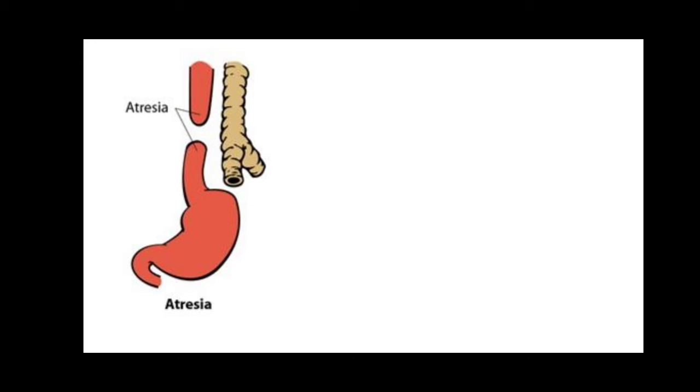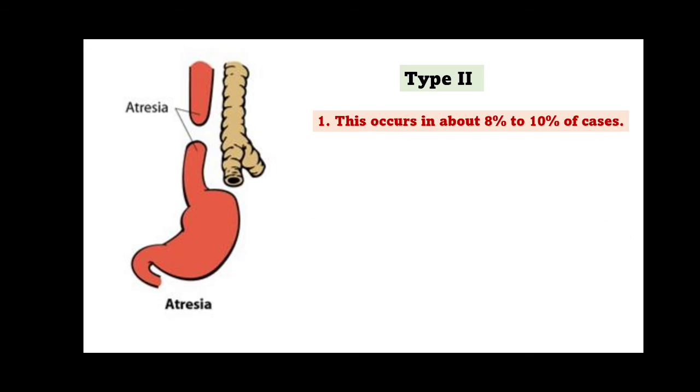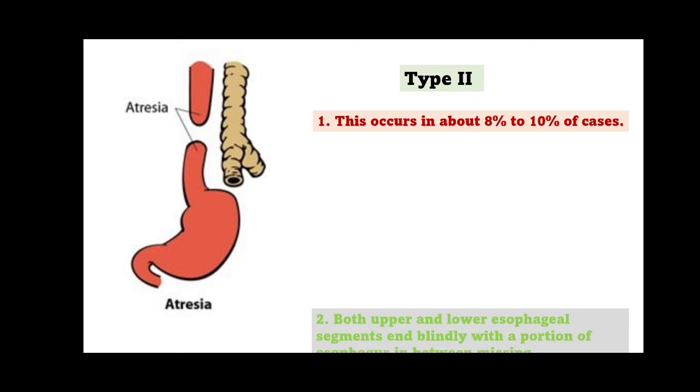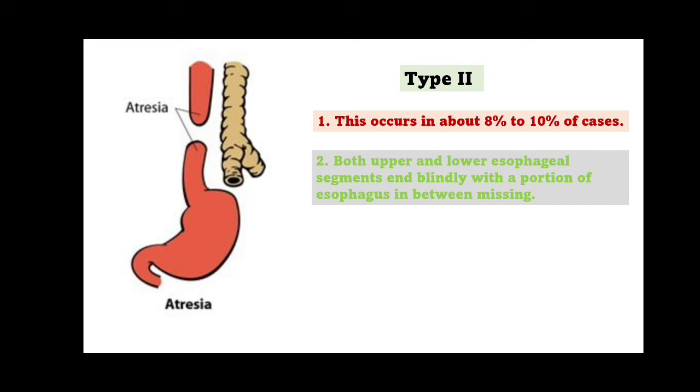In type 2, it is purely esophageal atresia, as shown in the picture. This occurs in about 8 to 10% of the cases. Here both the upper and lower esophageal segments end blindly. That means the portion in between the two portions of the esophagus is missing.